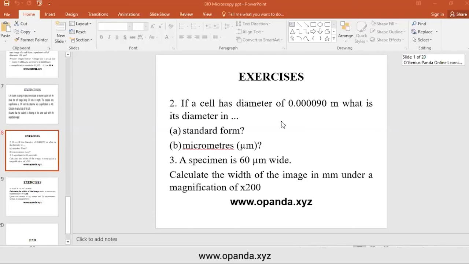You know that one micrometer is equal to 1,000 millimeters. Means you get the answer by taking the standard form times 1,000. And you know that 1,000 is equal to 10 power 3. Yes or no?